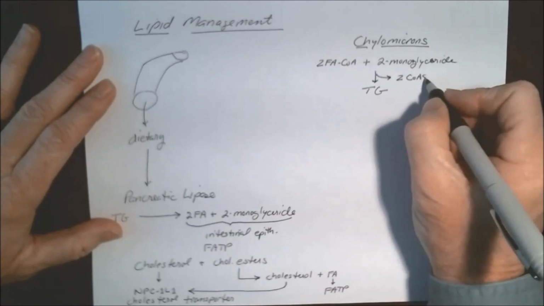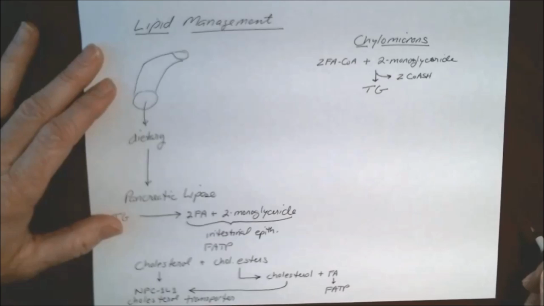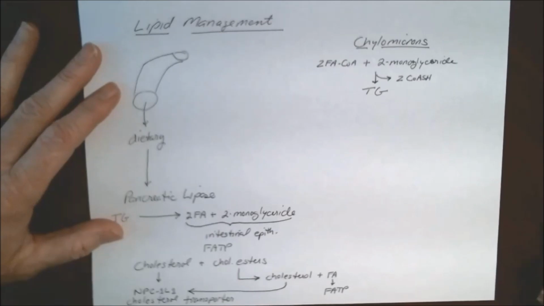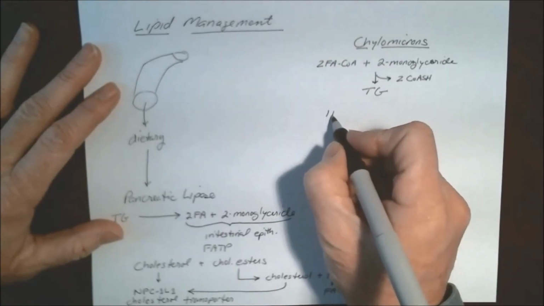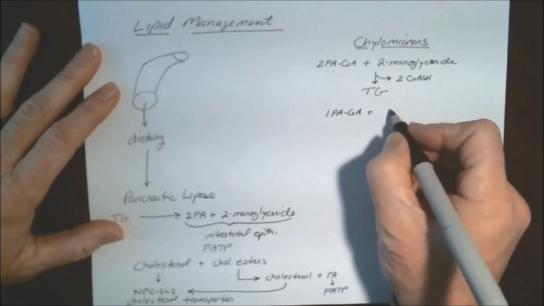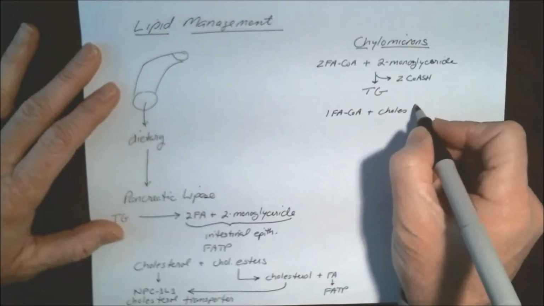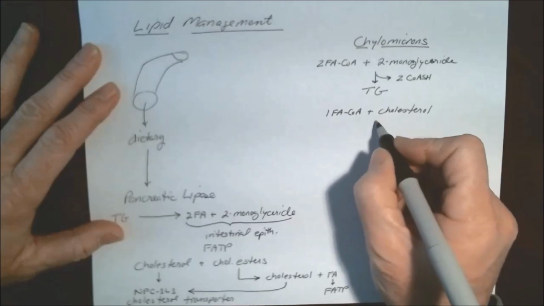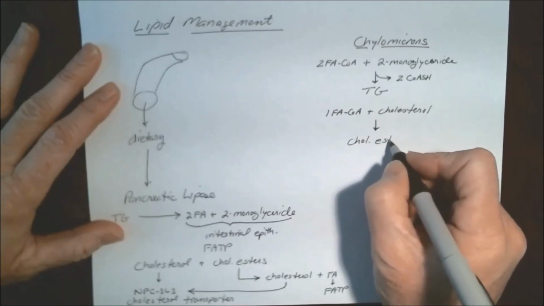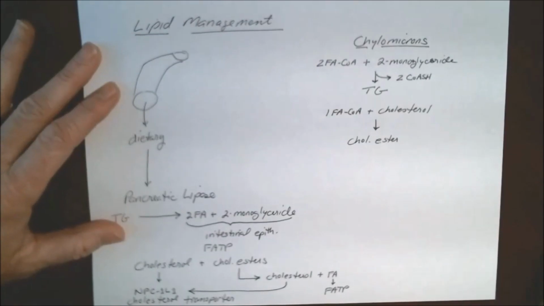Our two coenzyme A's, of course, are released in this reaction, and we generate our triglyceride. The next step is to take a fatty acyl-CoA group and add this to cholesterol, and we are going to construct our cholesterol ester structure.